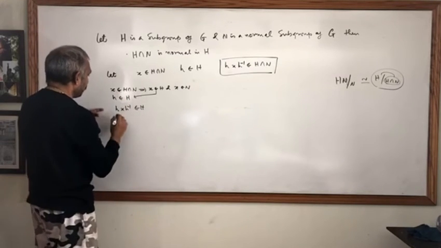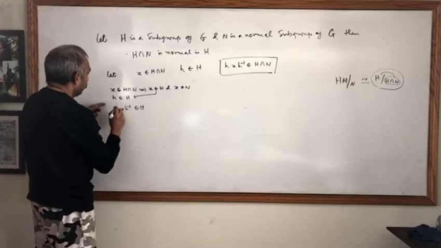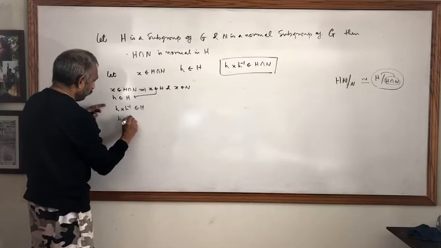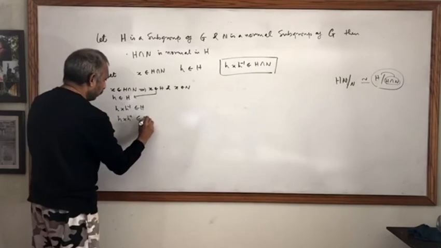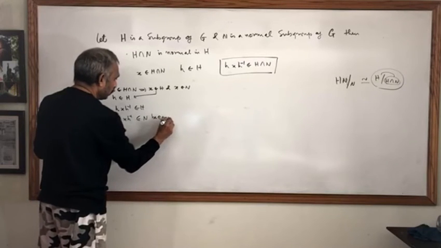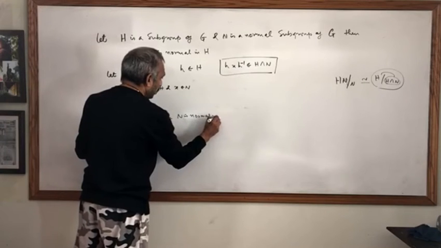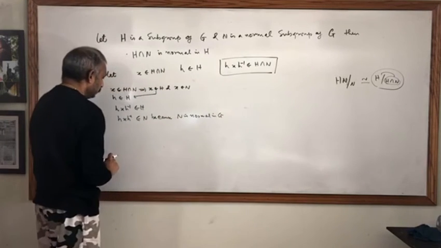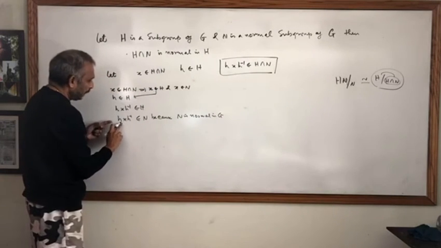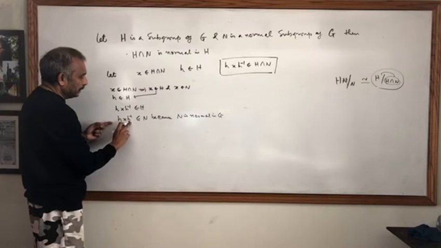Now we'll take the other part. H inverse x h belongs to N because N is normal in G. N is normal in G, right?